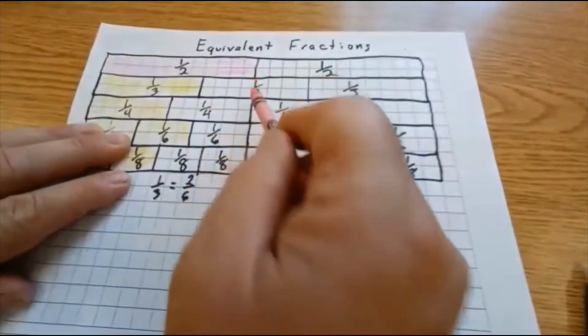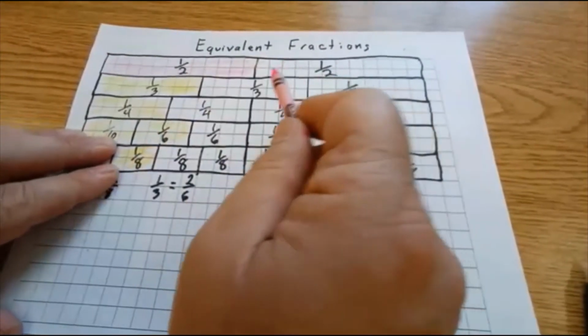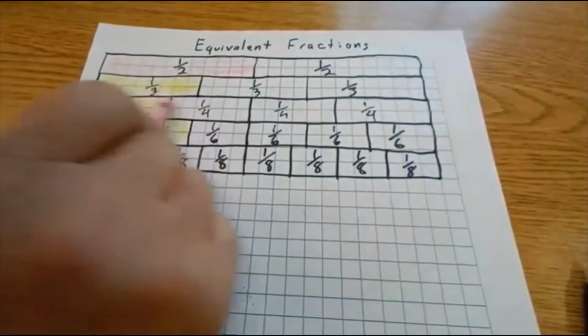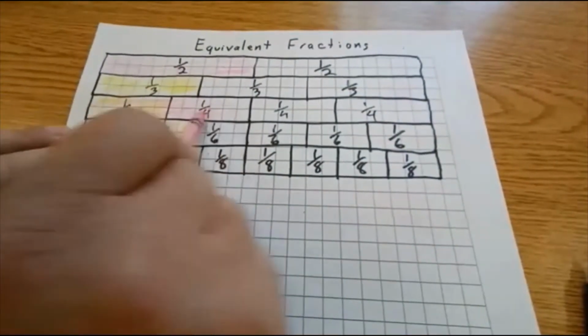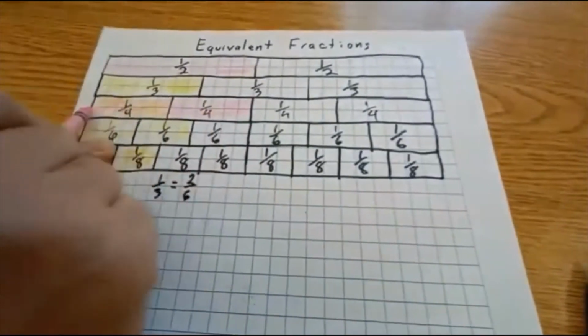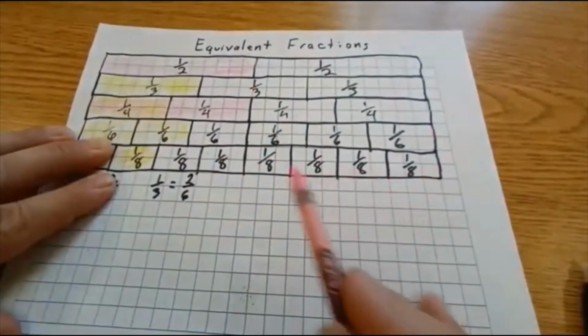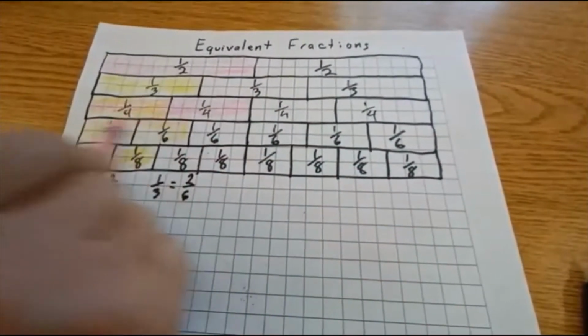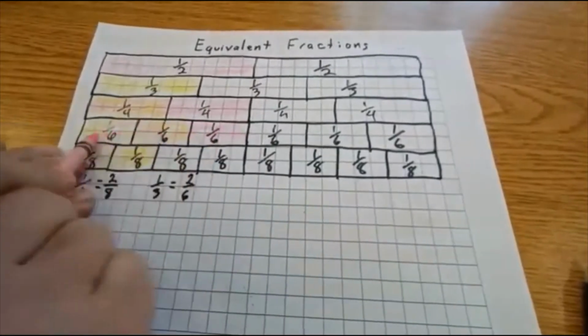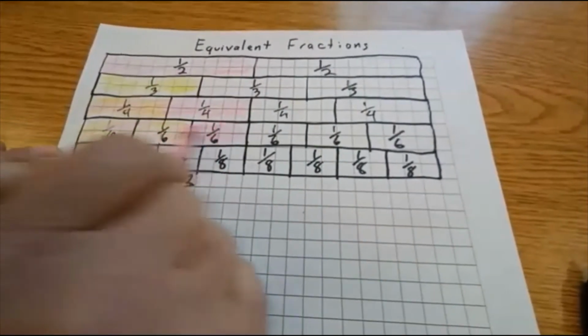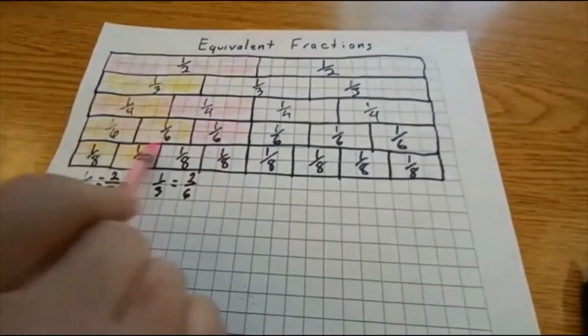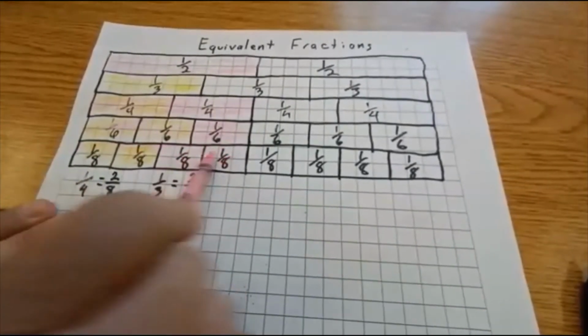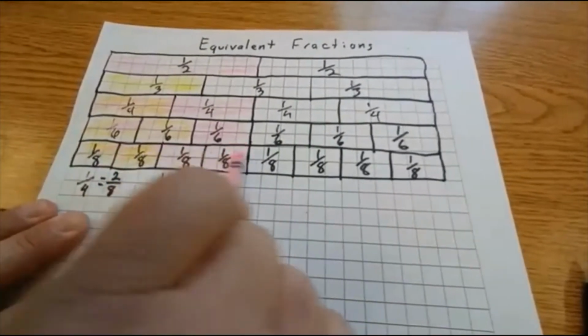None of my thirds line up, because three is an odd number, but I do see that 2/4 lines up with a half. I see that 3/6 lines up with a half. And I also see that 4/8 lines up with a half.